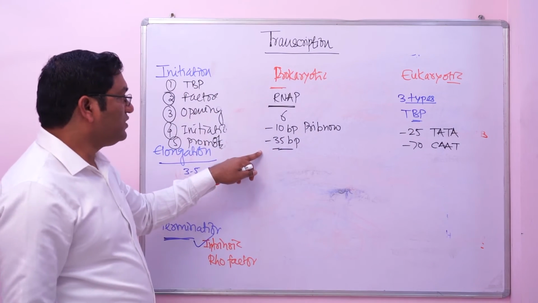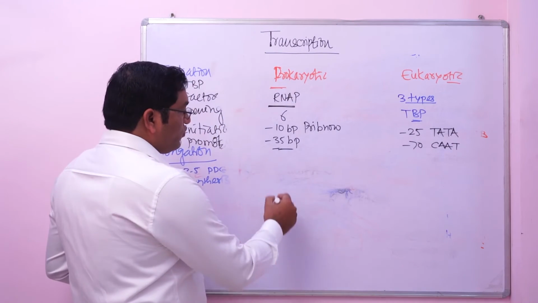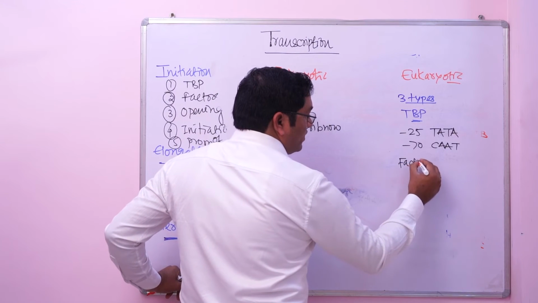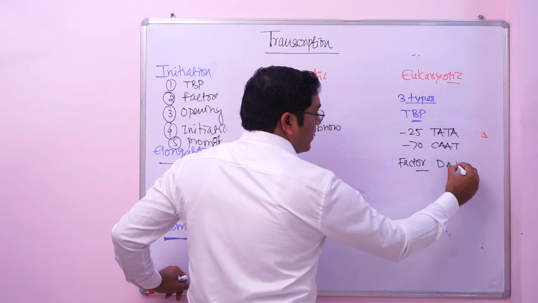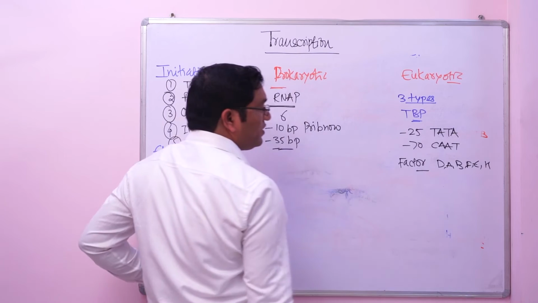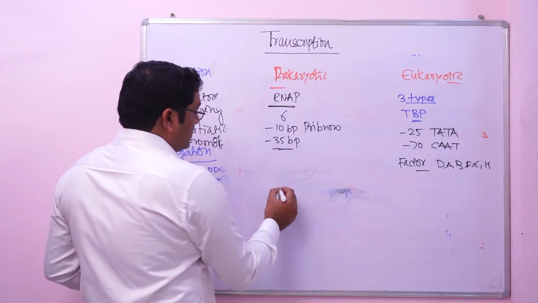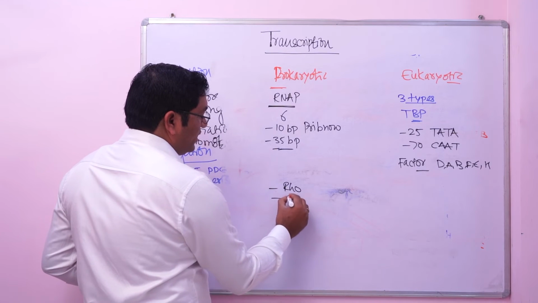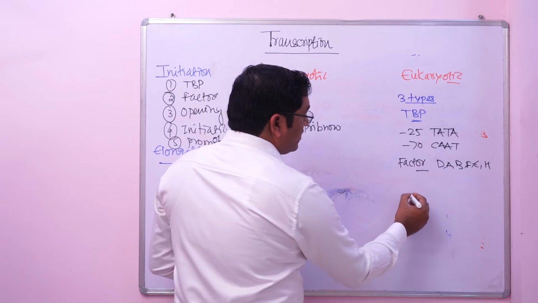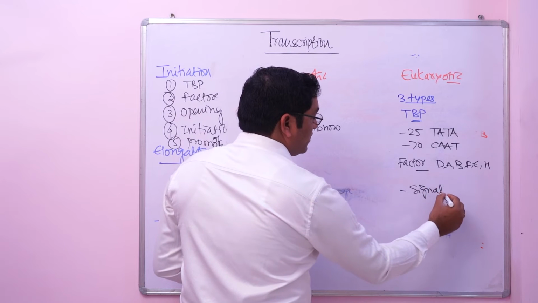Okay, this is the promoter region. This is RNA polymerase. There are three types of RNA polymerase. Very few factors are required in prokaryotes. Here initiation factors are required, that is TFIID, A, B, F, E, H. These are the various factors required for the transcription to proceed. Then in termination, there is rho dependent termination and intrinsic termination, while here there are intrinsic signals for the termination.